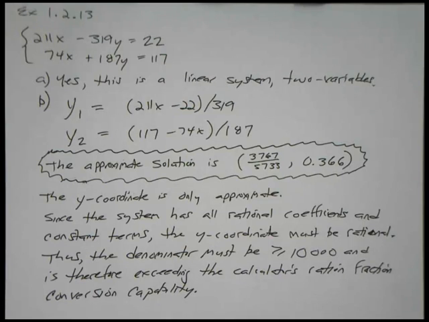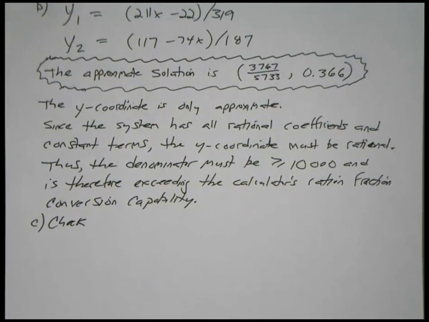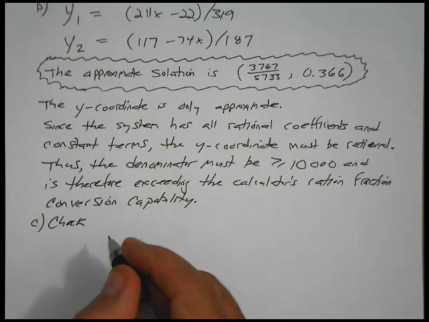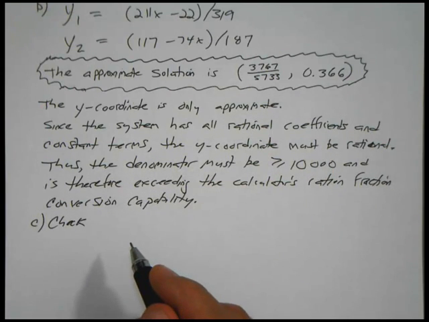Now, lastly, let's take a look at part C, which is our check of this. For a check, we would want to make use of the original equations and see that upon substitution, our claimed solution makes each of them true.